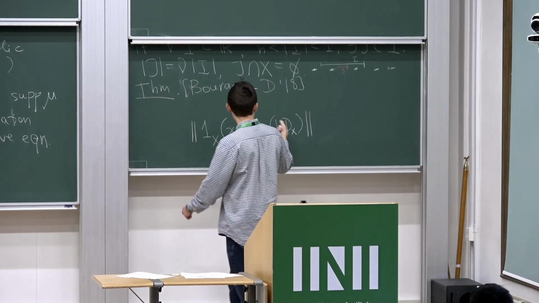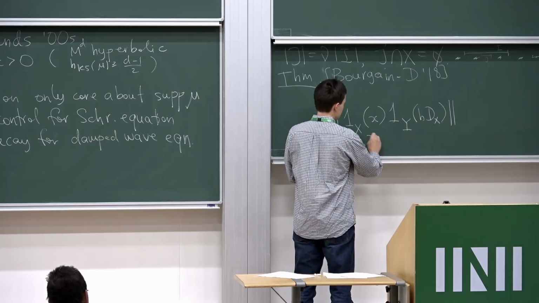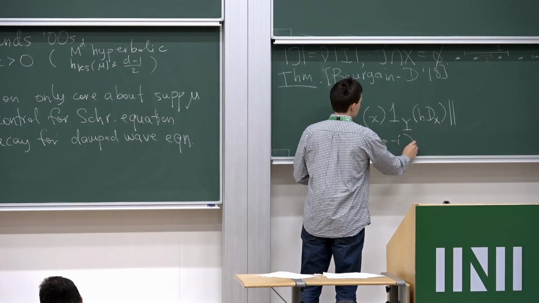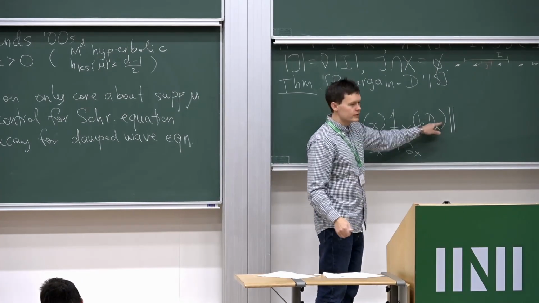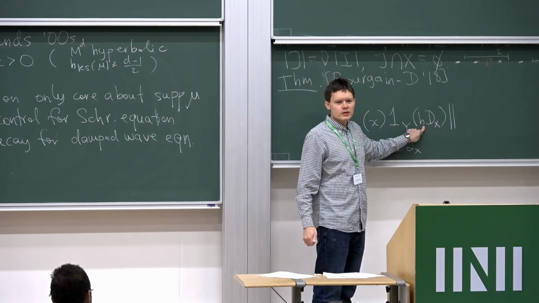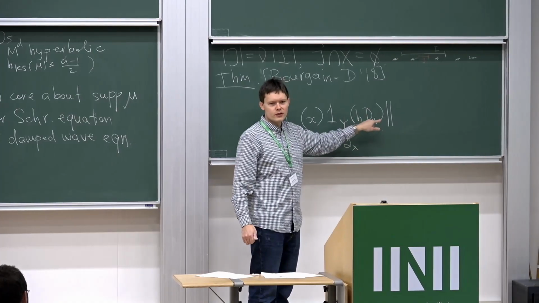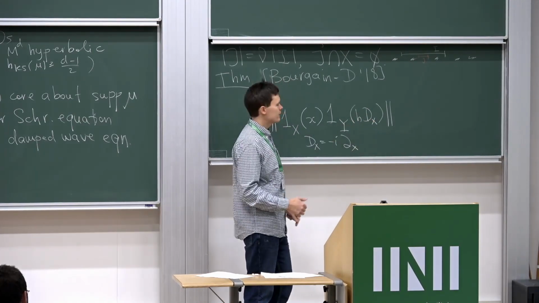Here, localization in frequency, I think of it as a Fourier multiplier, where D_x is minus i partial x. That's a Fourier multiplier corresponding to the set Y scaled by h inverse. So it's a high frequency Fourier multiplier corresponding to some fractal set.